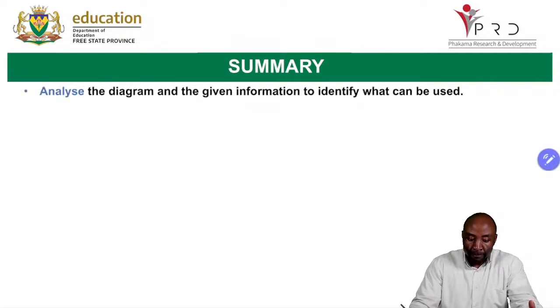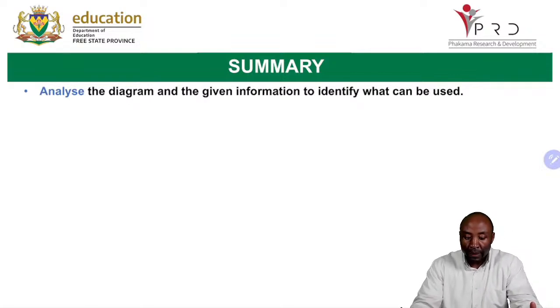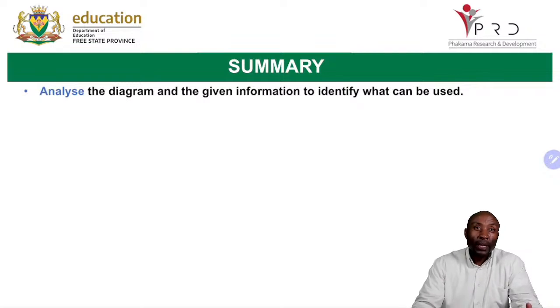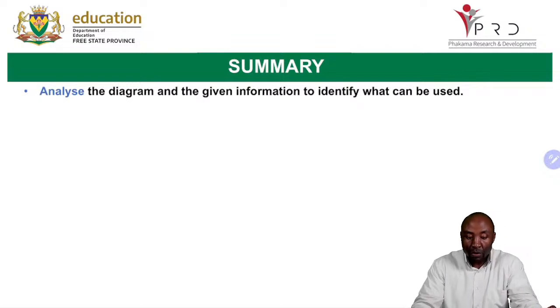Now, in summary, it is important that for analytical geometry, we analyze the diagram and the given information to identify what can be used. Sometimes the information is in the statement. Make sure that you add the information to the diagram. Draw additional lines. If it says parallel lines, indicate on the diagram.